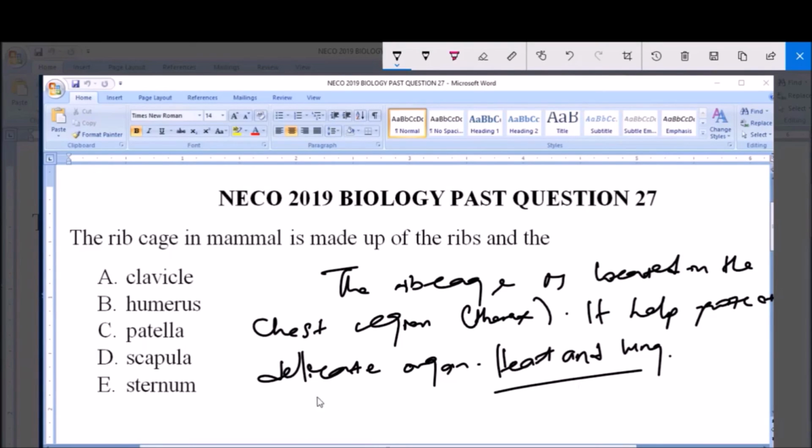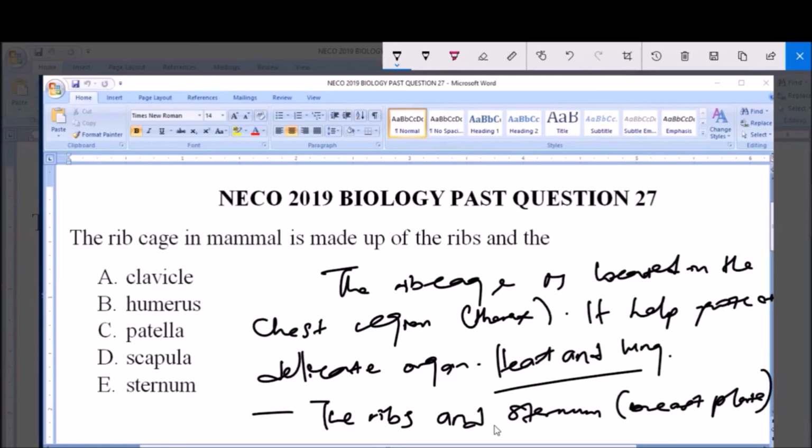Now the rib cage is composed of the ribs, and these ribs are attached to the vertebral bones, and also the sternum, or what is referred to as the breastplate.